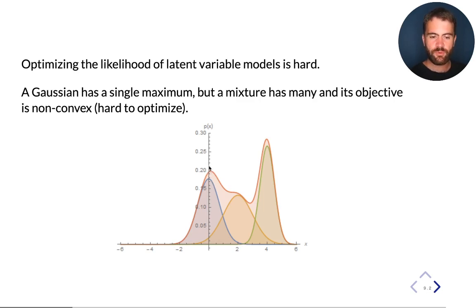So, for example, if we try to optimize this using gradient descent, and we started in this vicinity, gradient descent could converge here and stop. And if we started in this vicinity, it could converge here and also stop. So this is an example of how a mixture of Gaussians can lead to a function with multiple optima, and it will be hard to optimize this function in general.